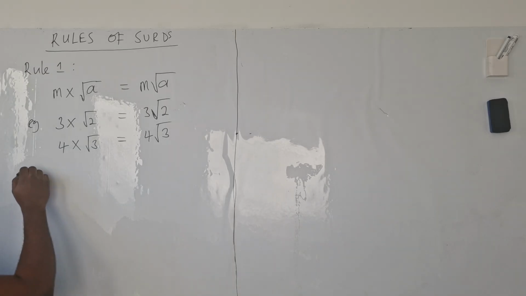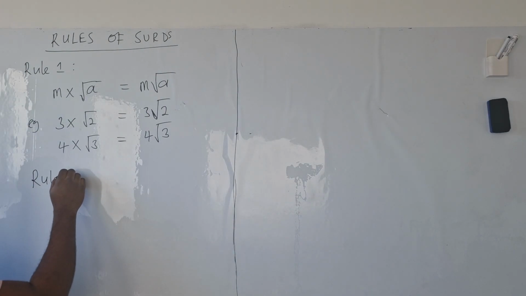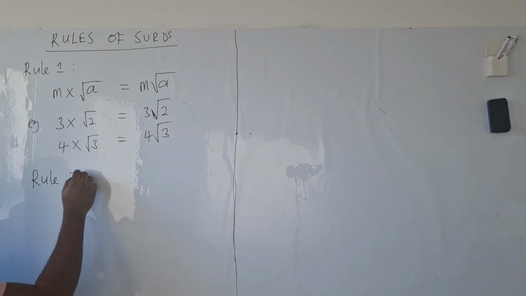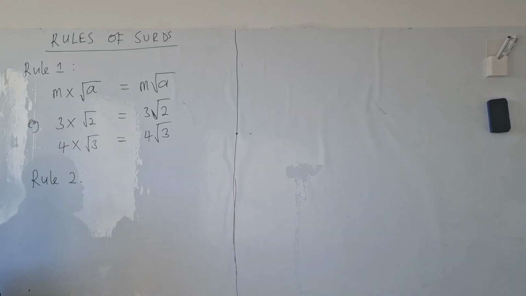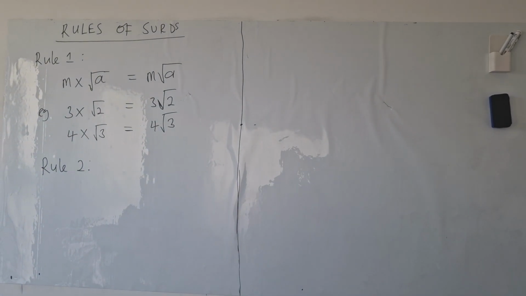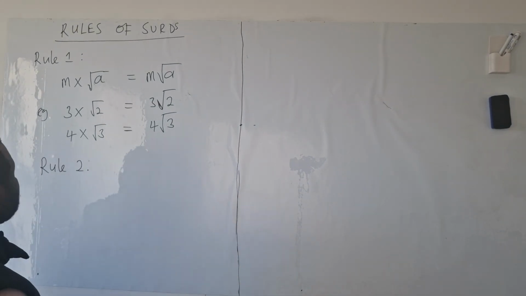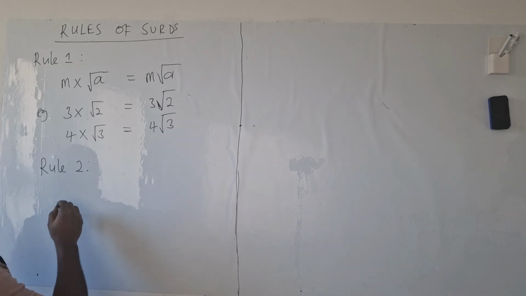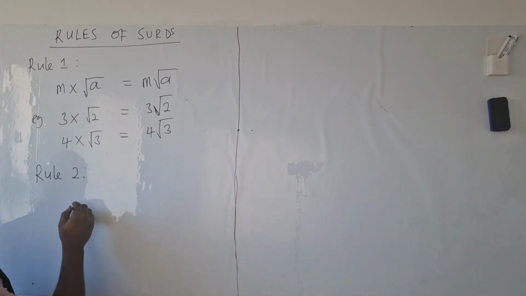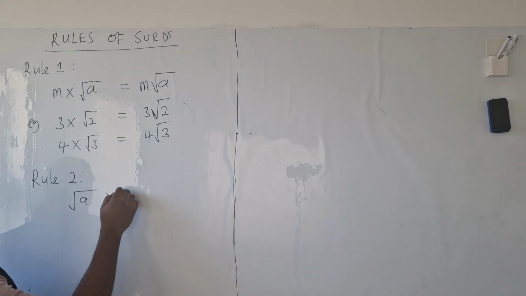Now we look at rule 2. Now for rule 2, let's say we have root a multiplying root b.